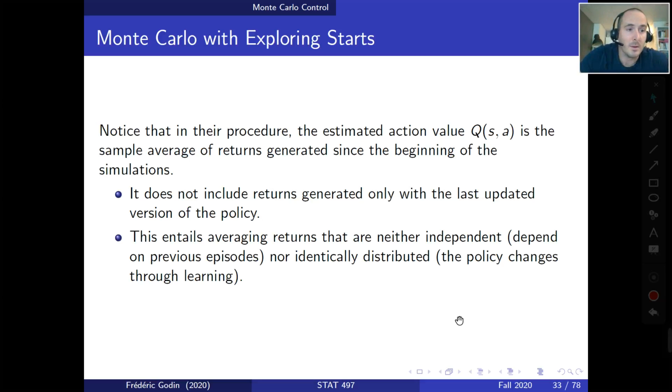Contrarily to the evaluation problem, where we had a fixed policy, now we cannot invoke the law of large numbers for IID observations to ensure convergence of our estimate of the action value function.